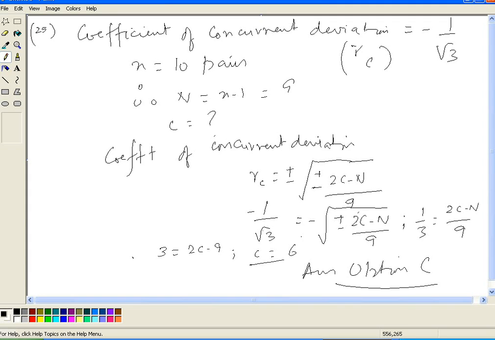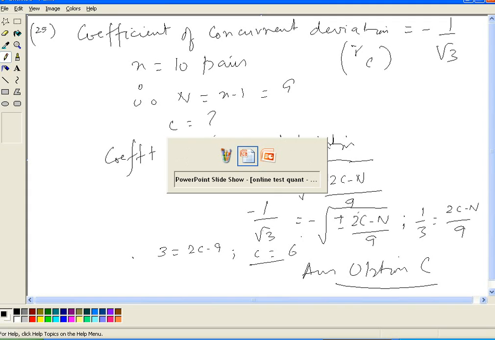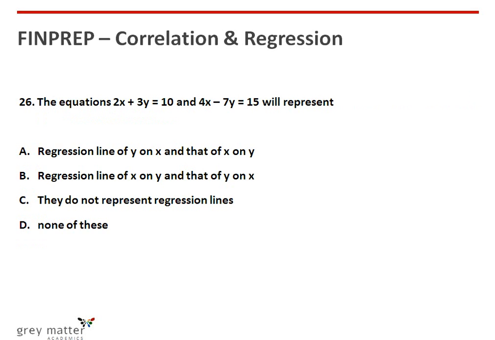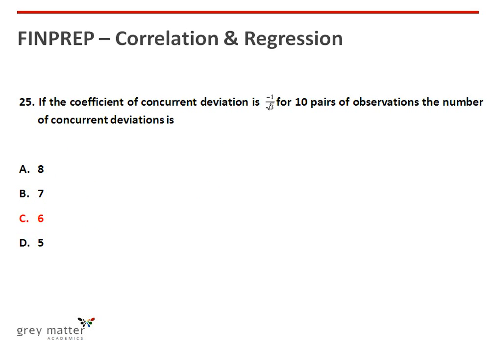It's just option C. Going back to our PowerPoint presentation, the number of concurrent deviation as per the question is option C, which is 6. So 6 is the answer, or option C.